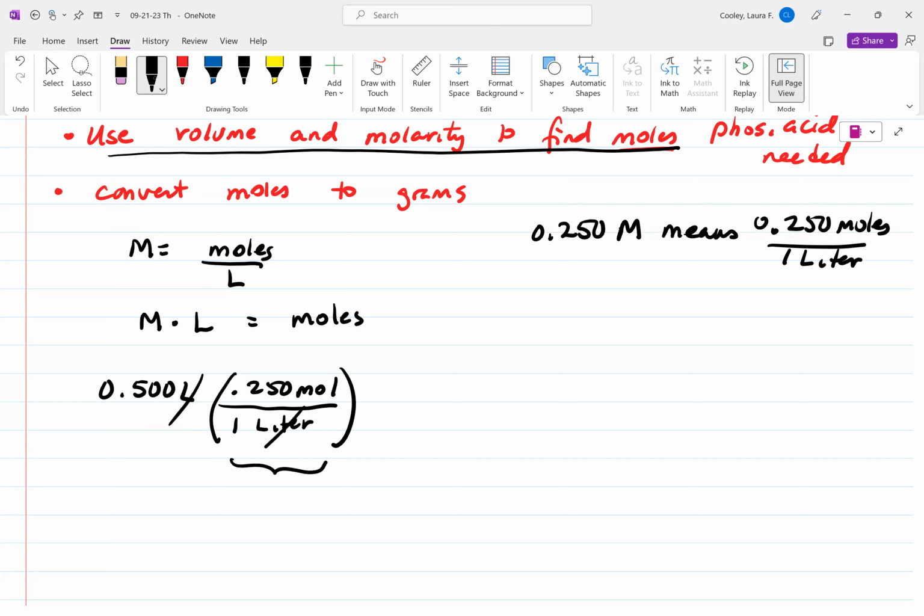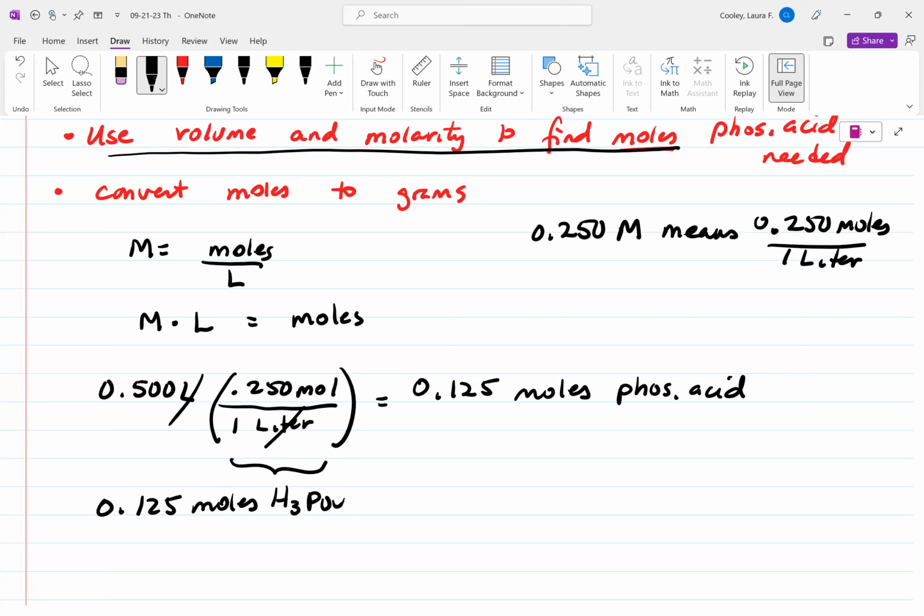And you could see that liters cancels, so that multiplying the molarity times the volume gives you the moles. Okay, and that would give you 0.125 moles of phosphoric acid. And then you would just take the 0.125 moles of it, H3PO4.